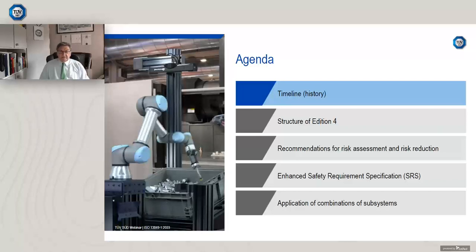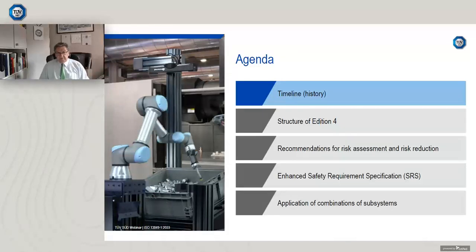The recommendations for risk assessment and risk reduction have been beefed up a little bit, so there's a bit more emphasis on the concept of risk assessment and risk reduction in the new version.